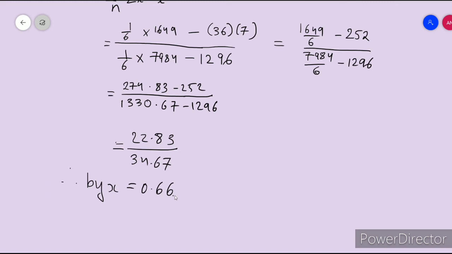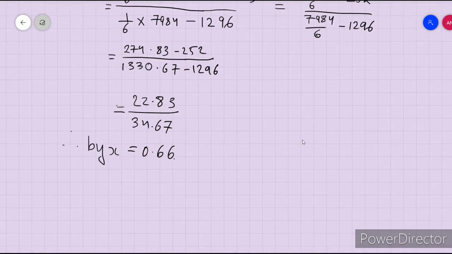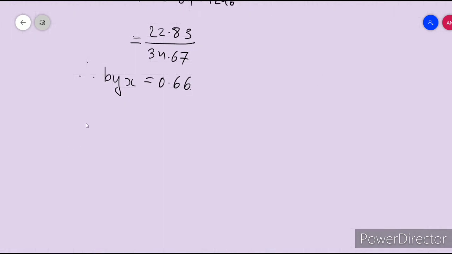Then we go on to find the regression coefficient of x on y. Now you remember the numerator values are the same, only the denominator values are different.